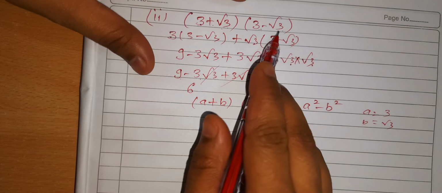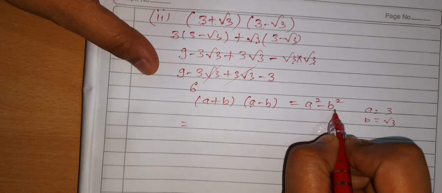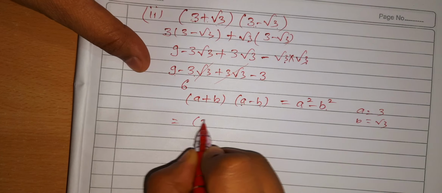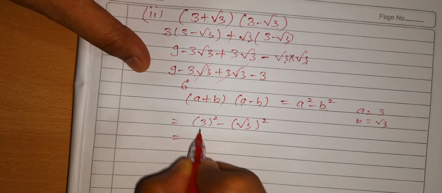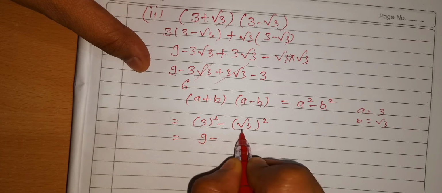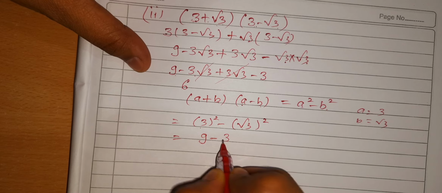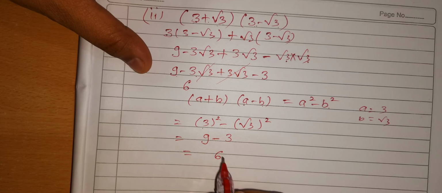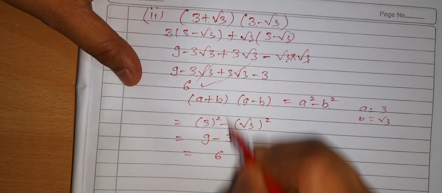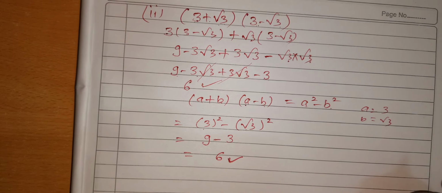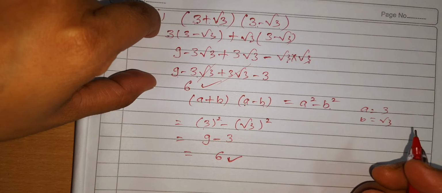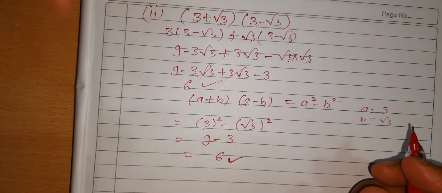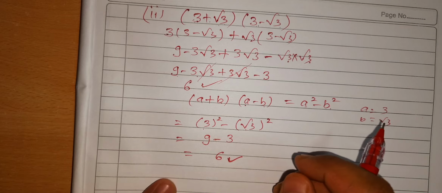So when you multiply, you will get a square minus b square. A square means 3 square, minus b square means root 3 square. 3 square is 9, minus root 3 square is 3. 9 minus 3 is 6. See, from both methods we are getting the same answer because both methods are correct. So you can multiply by opening the bracket, or use the identity.